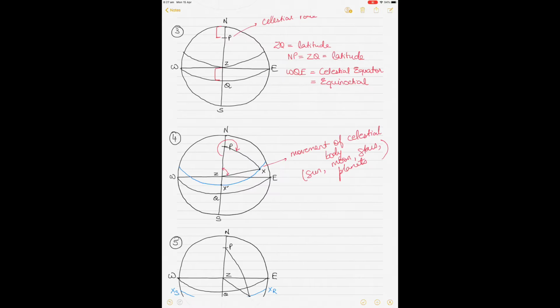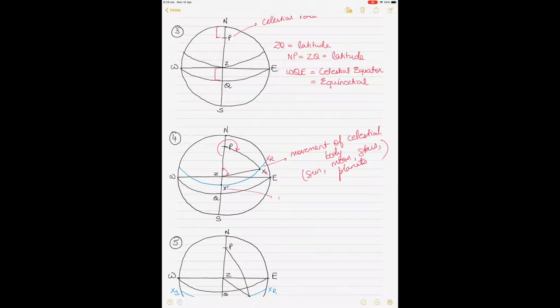now let's take the example of the sun here in the celestial sphere. The sun always rises from the east, so the sun will start rising from the east here. Alright, this is the rising sun.